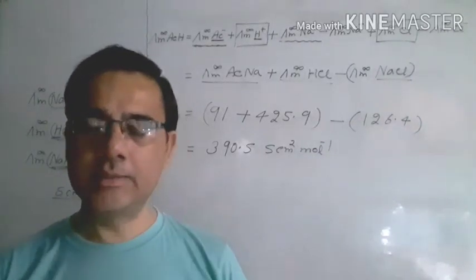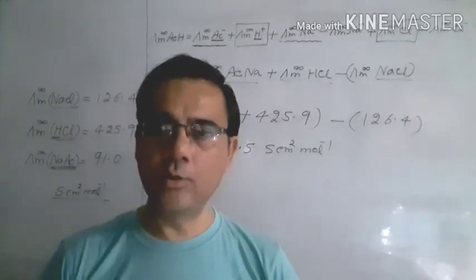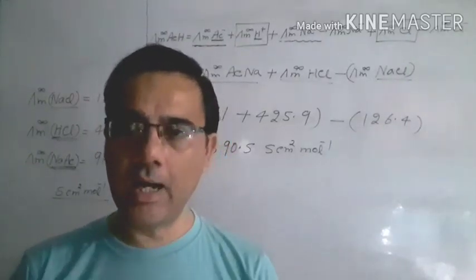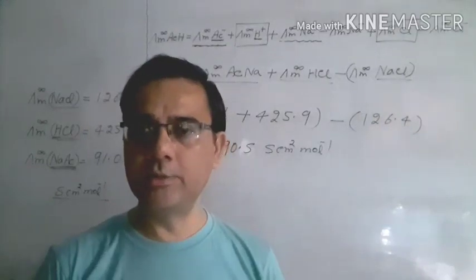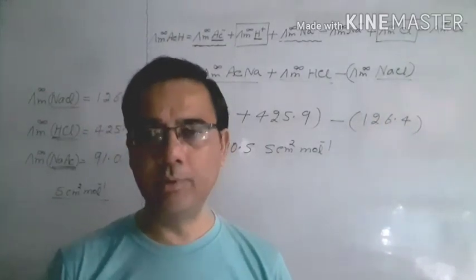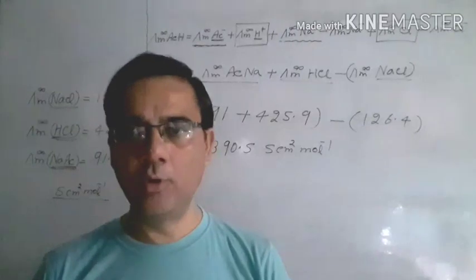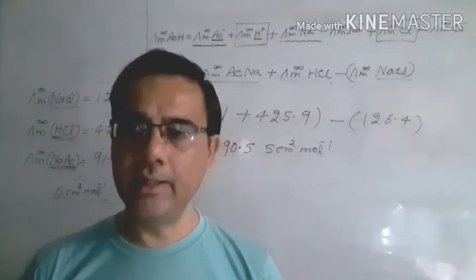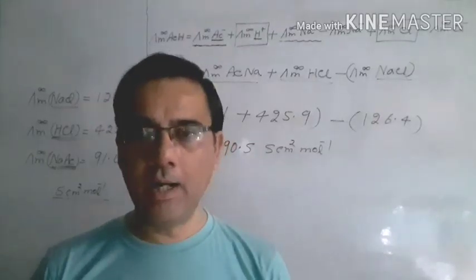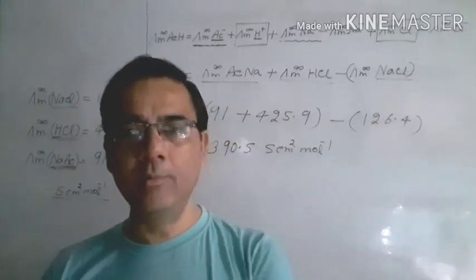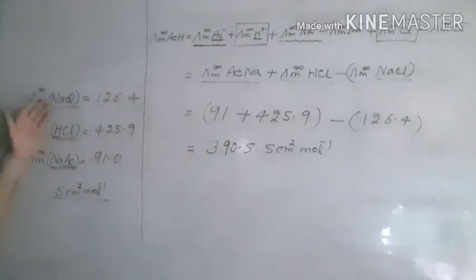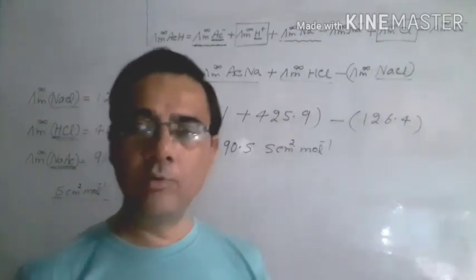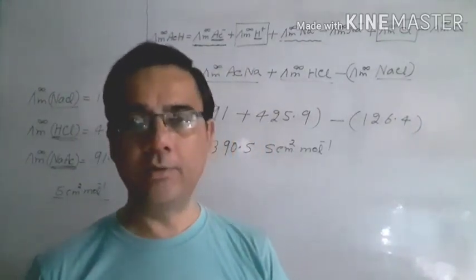If the question gives the limiting molar conductivity of the ions, it means the compound will be a strong electrolyte, because we need the limiting molar conductivity of the individual ions. But if with the compound some other ionic compounds and their limiting molar conductivities are given, like this NaCl, HCl, NaAc, then understand the compound which is asked will be the weak electrolyte.